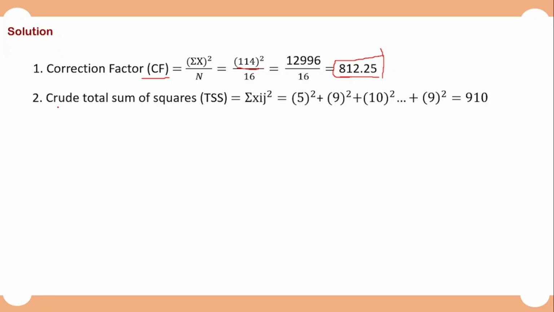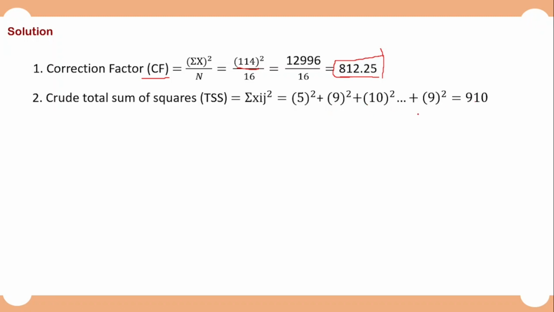The second step is the calculation of the crude total sum of squares. So how will you calculate the crude total sum of squares? You have to square each value within your data set. So you will start from the first value, that was 5. Square 5, then square the second value, then square the third value, and at the end you have to sum up all of the squares.